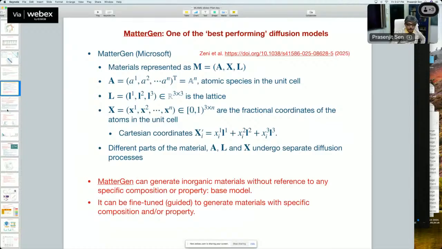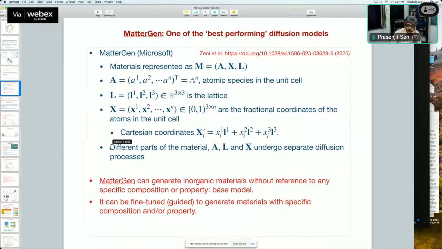So this is what MatterGen does. It has already been discussed how it represents materials. You have atom identities, you have the lattice, and you have their coordinates inside the unit cell. But this is the important part.